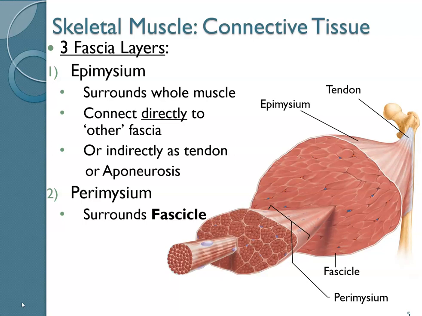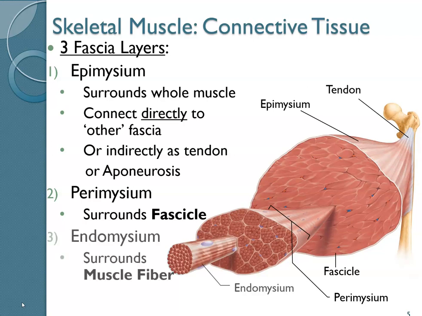Perimysium is one that surrounds what's called a fascicle. A fascicle is a small group of muscle cells. Muscle cells are also called muscle fibers. So individual muscle fibers are surrounded by connective tissue called endomysium.